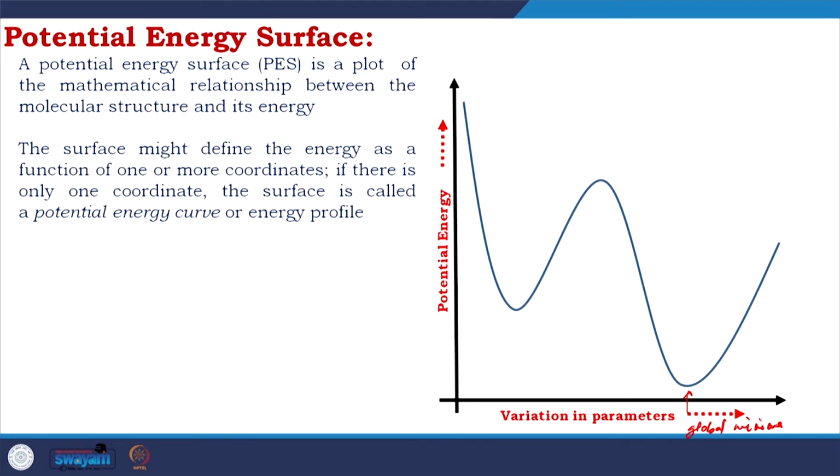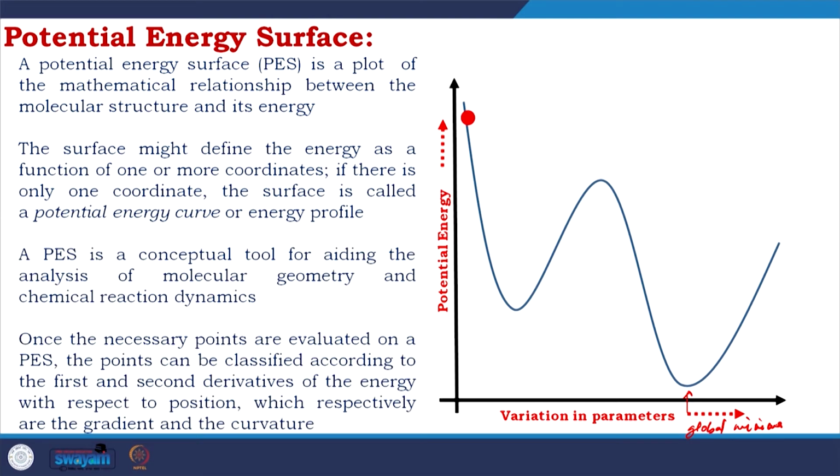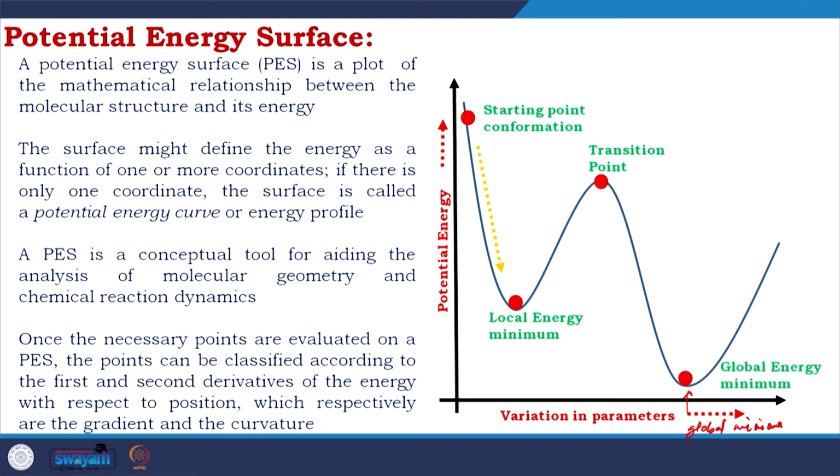Coming back to that, this is your starting point, you apply energy minimization, and you come to the local energy minimum. There are other points, one I already talked about, the global energy minima.